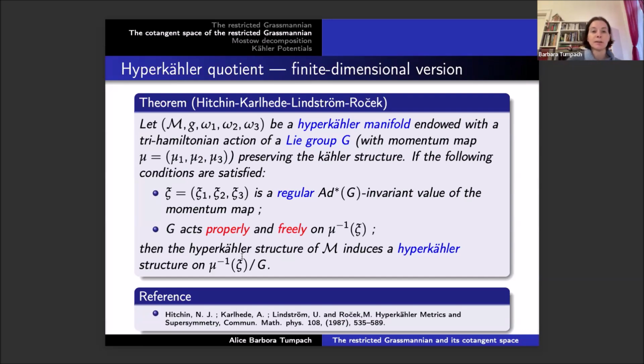So to each of these symplectic forms, there is a complex structure associated, E1, E2, E3. And these three complex structures actually satisfy the identities of the quaternions.